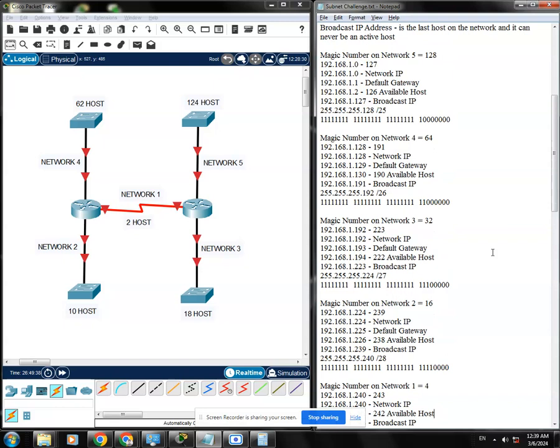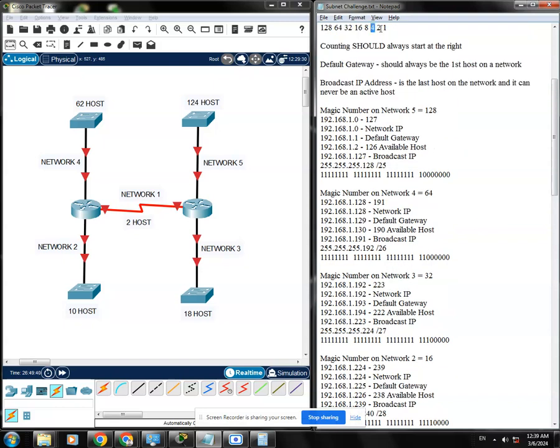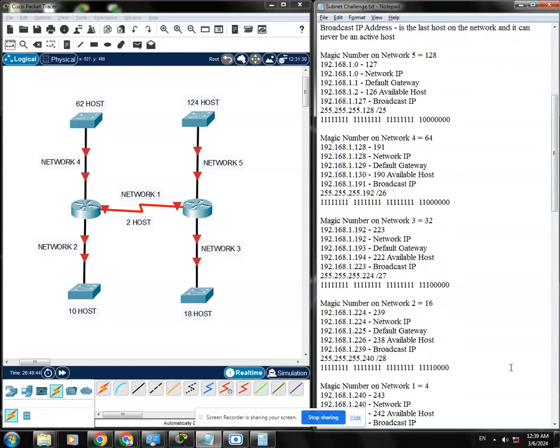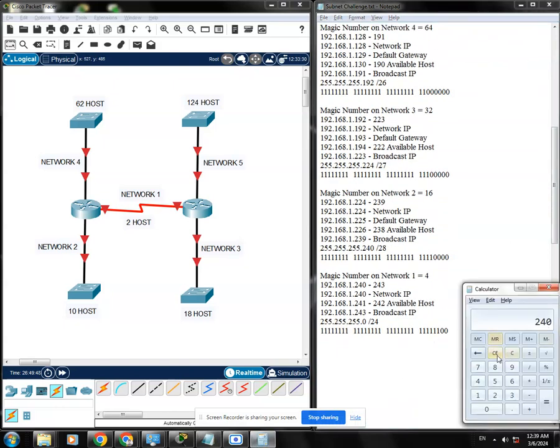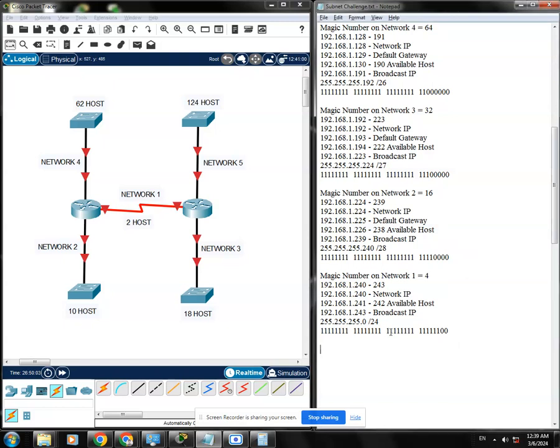The 4 is included to become number 1. So I'm going to add 128 plus 64 plus 32 plus 16, then plus 8 plus 4. It's 252. So this will become 252.